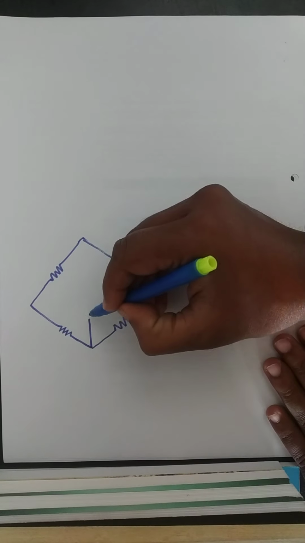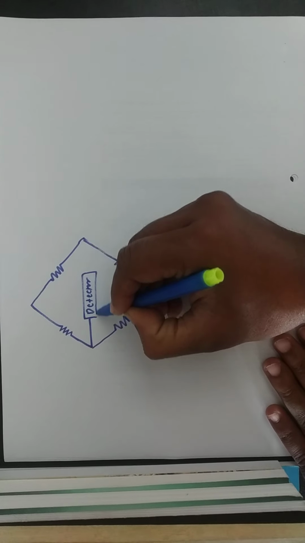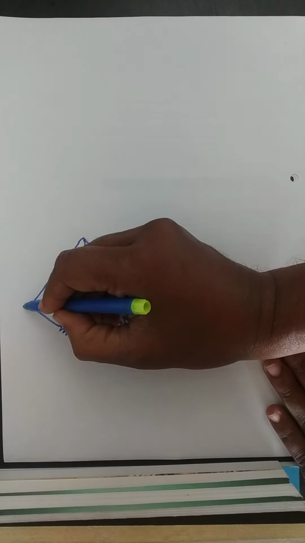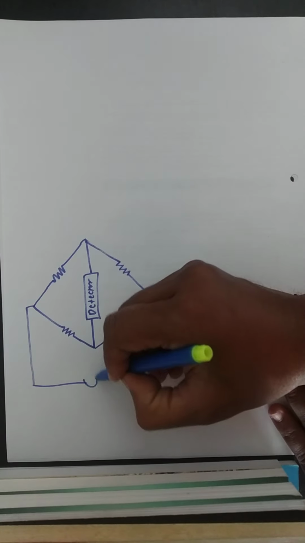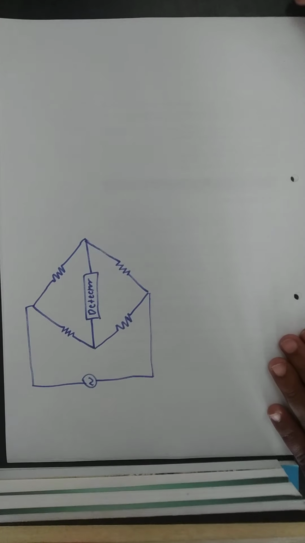Then here you can have a detector, and as I told you previously, we have to connect an AC source, not a DC source, because the circuit consists of some inductance as well as a capacitance. And here are the resistors.